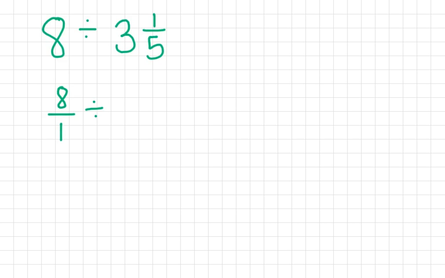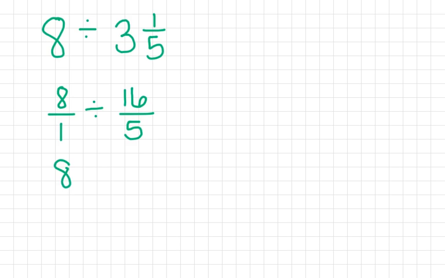All right. Next problem, C, would be 8 divided by 3 1/5. All right, same steps here. That 8, I'm going to change into 8/1, divided by, and I need to convert this now into an improper fraction. 5 times 3 is 15, plus 1 is 16, so that would become 16/5.